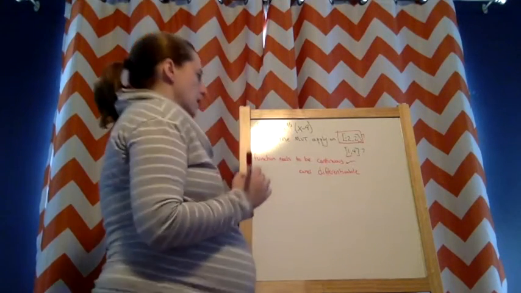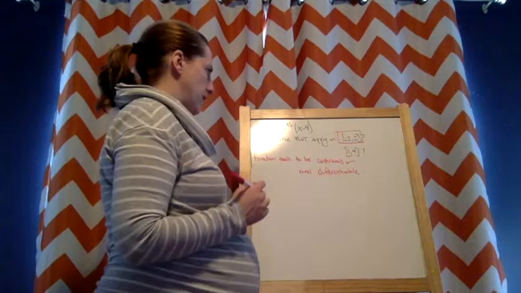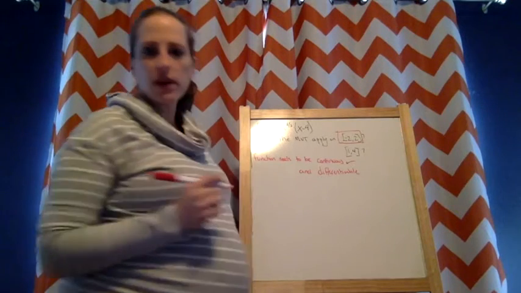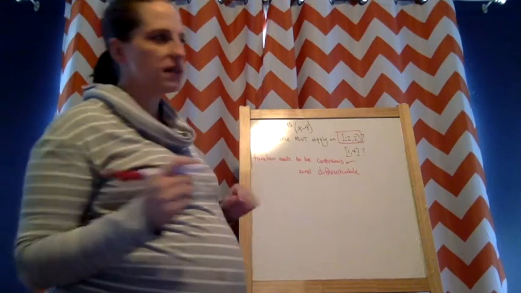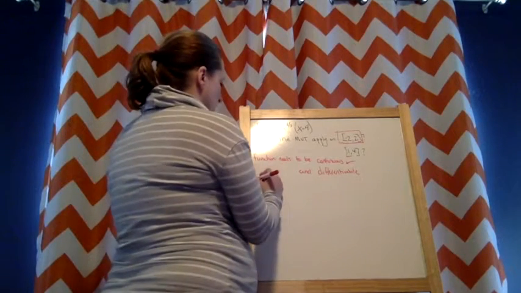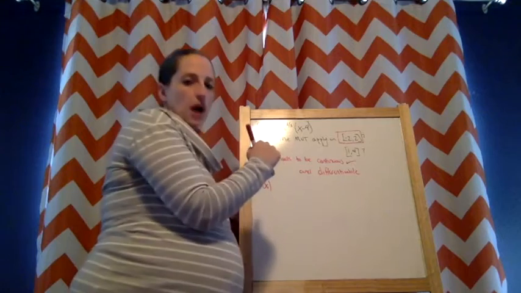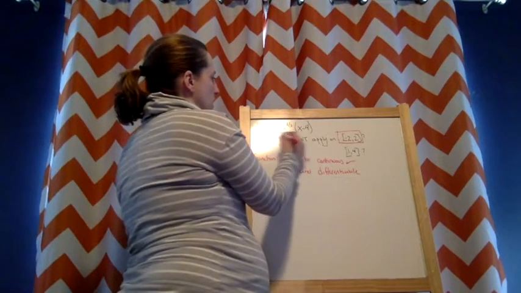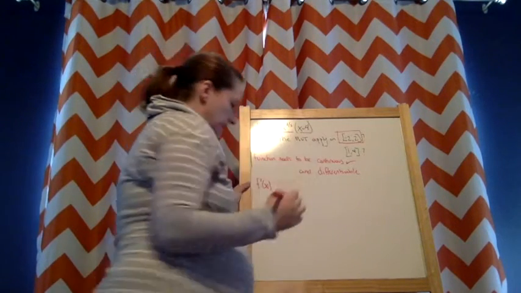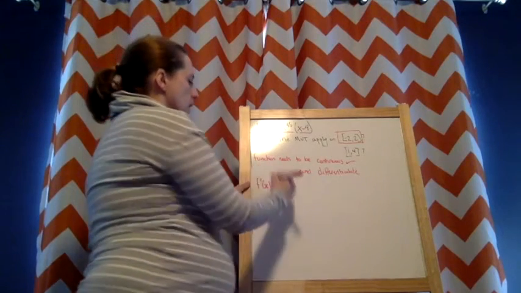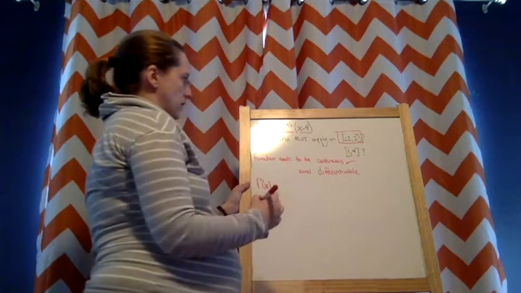Okay. How about differentiable? Well, to determine whether or not something's differentiable, probably the easiest way is to take the derivative. So let's find our derivative, f prime of x. Notice that this is a product rule problem. I have one function, 3x^(2/3), times another function, x - 4. So I'm going to need to use product rule to find that derivative.